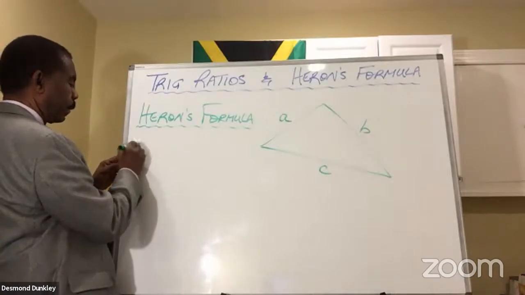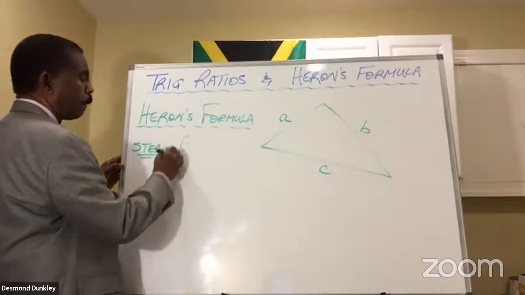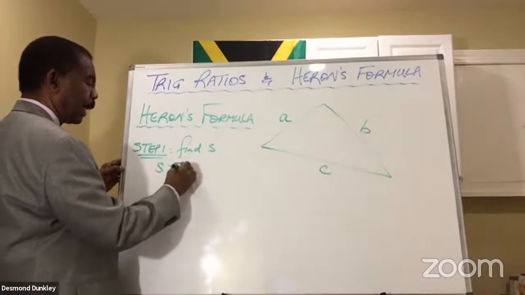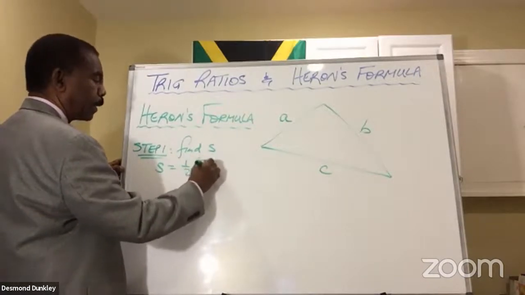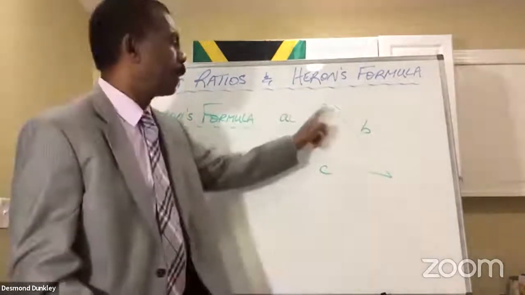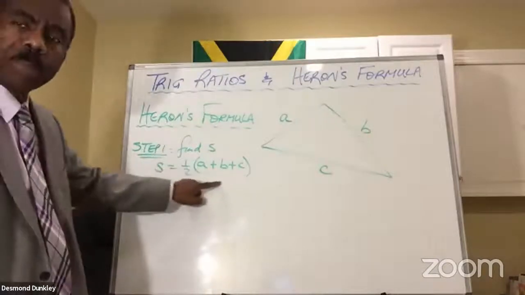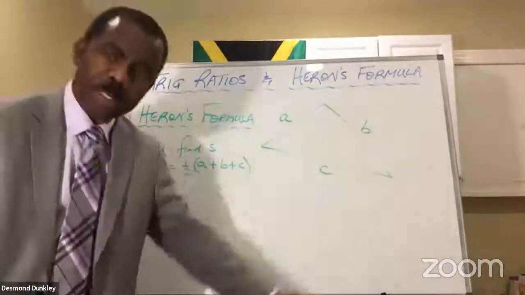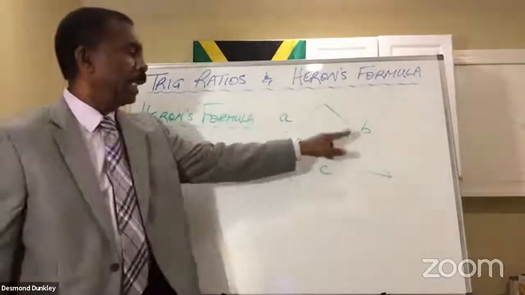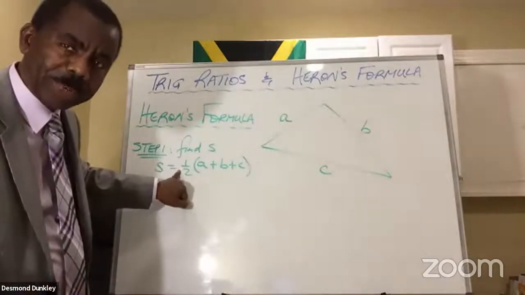Find S, where S is equal to a half A plus B plus C. So A plus B plus C is the perimeter, but S is a half of the perimeter. So it's a semi-perimeter. Semi is a half. So we add A, B, and C together, and multiply by a half, or divide by 2.